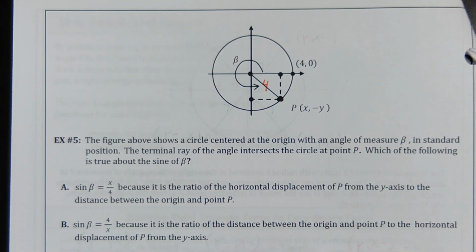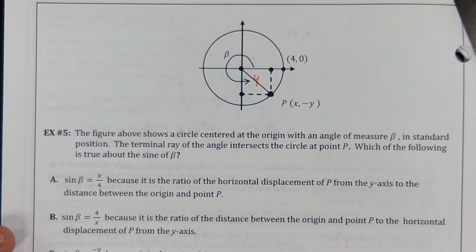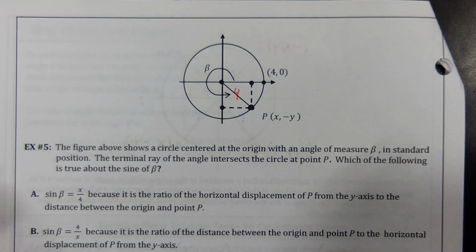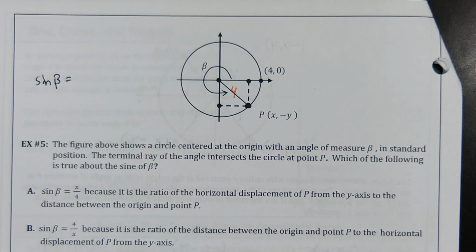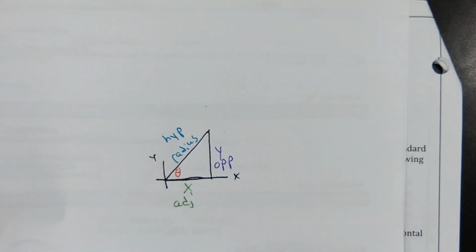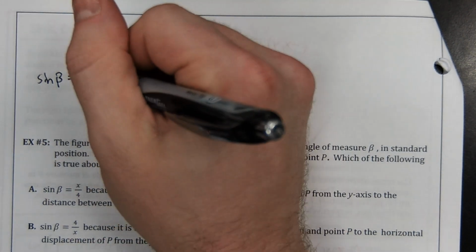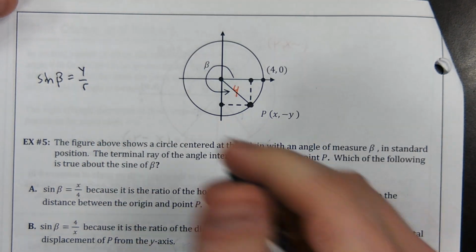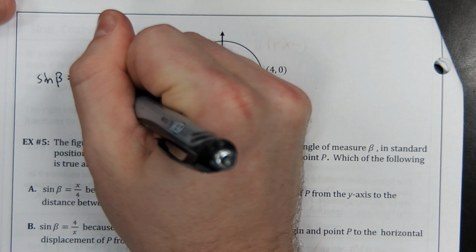I don't know x, I don't know y. But what I do know is that I'm in quadrant 4. And in quadrant 4, x's are positive, y's are negative. The question says, what's true about the sine of beta? Well, we know sine is opposite over hypotenuse. Memory breadcrumb. Opposite hypotenuse, y over r. So that's the y value over the radius.